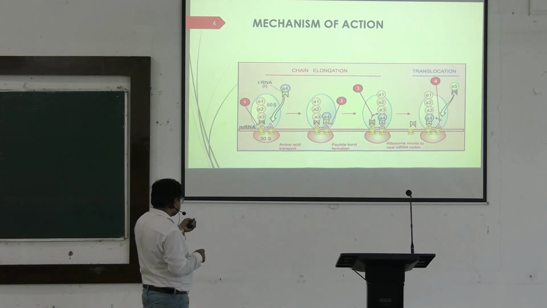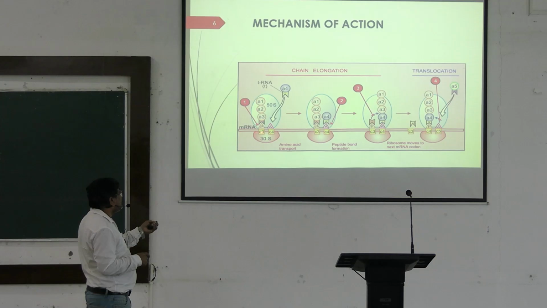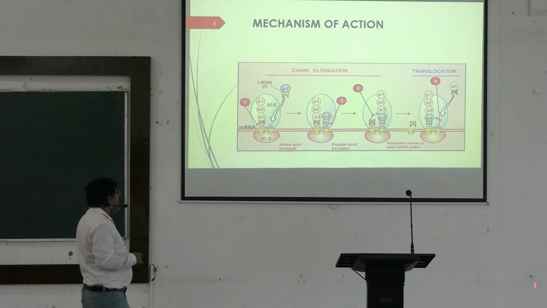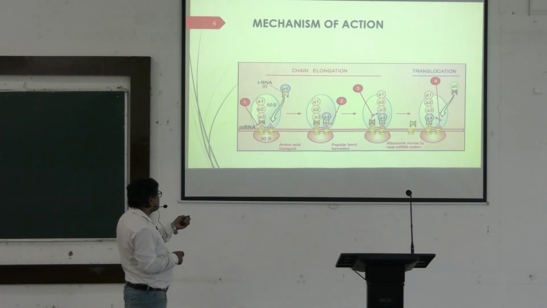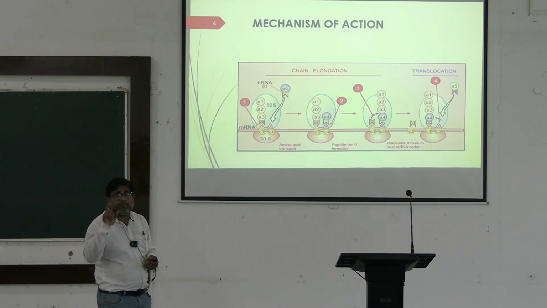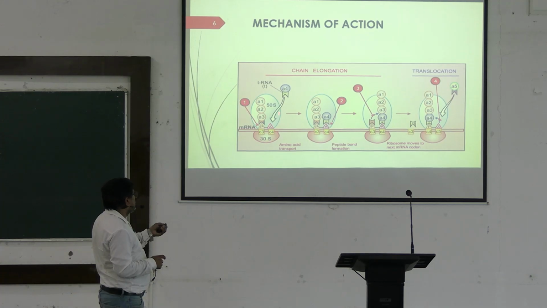Now, this peptide chain is bound to the P site of the mRNA ribosome complex with the help of tRNA, and the nascent amino acid that will be bound to the growing peptide chain binds to the A site via the tRNA.